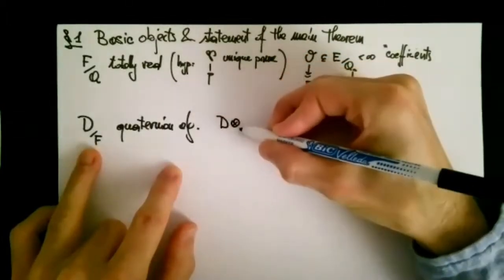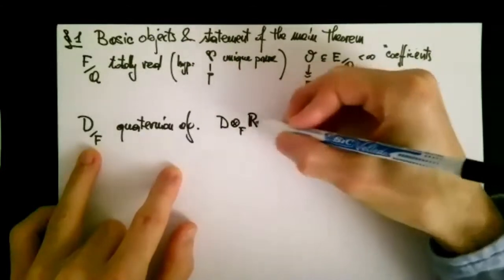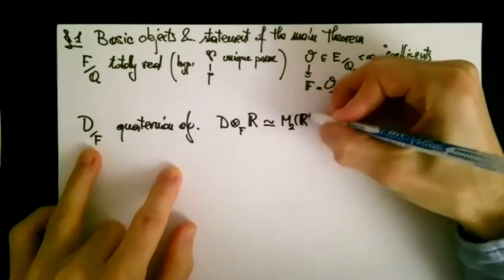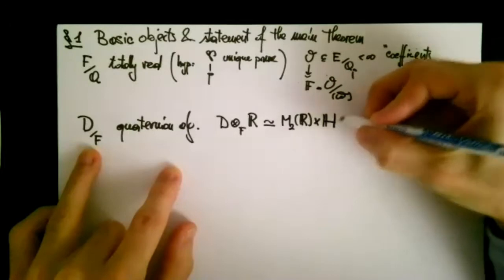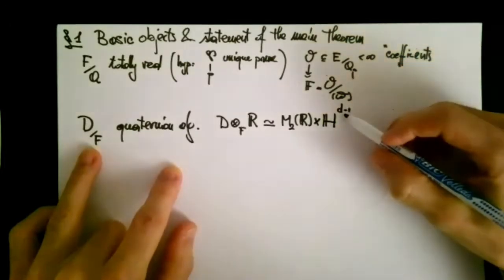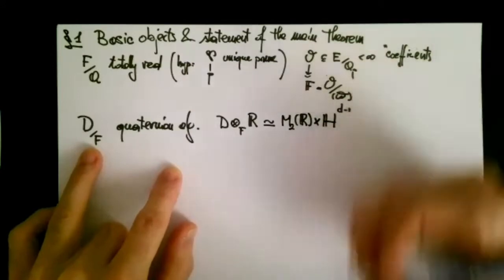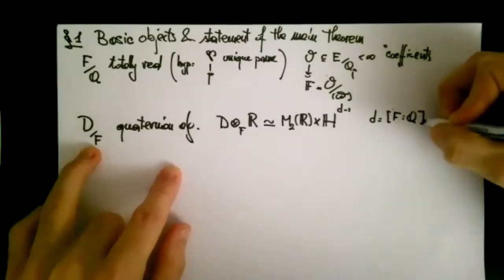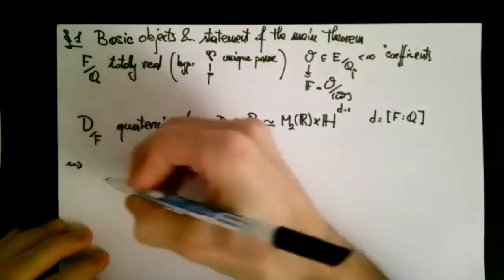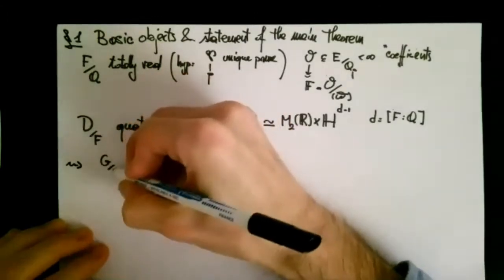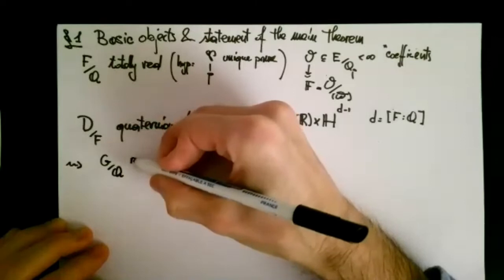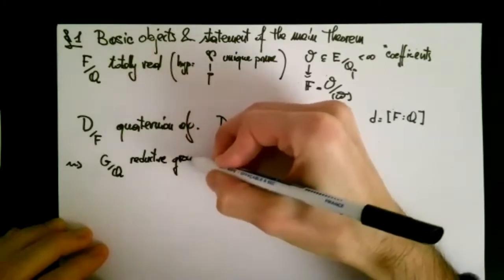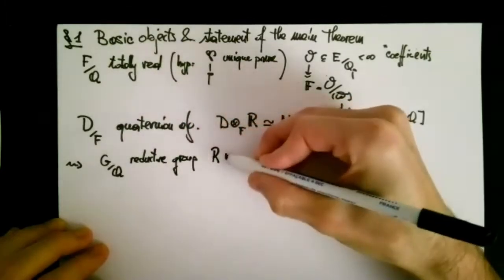So we have the following situation: D tensor over Q with R is isomorphic to M2(R) times H^(d-1), where d is the degree of the extension F over Q. And we consider the reductive group associated to D, G over Q, given in the usual way.